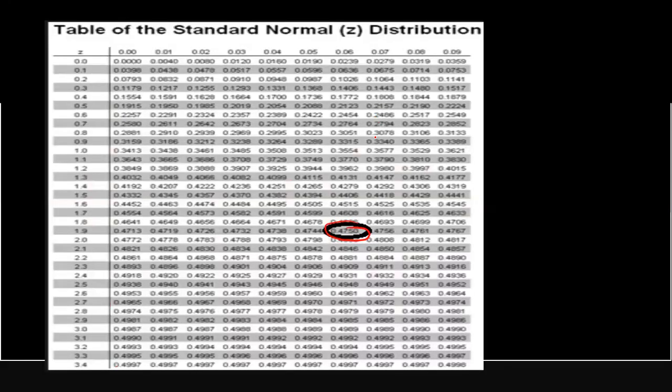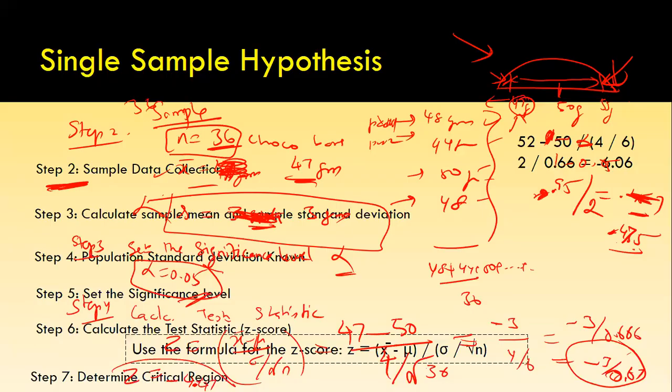When you look at 0.475 in the table, vertically and horizontally, you see 1.9 and here 6, that is 0.06. So at the intersection of 1.9 and 0.06, we can see this value 0.475.